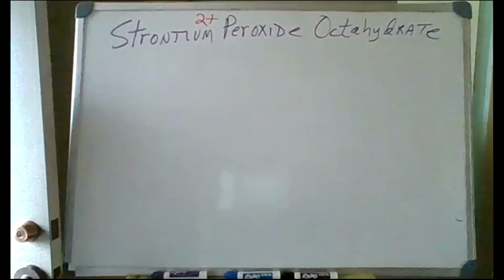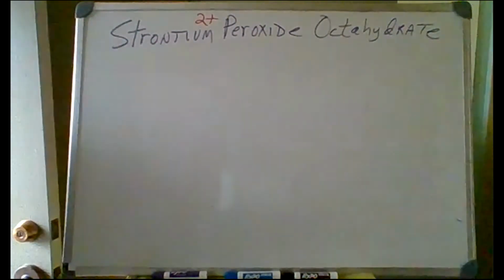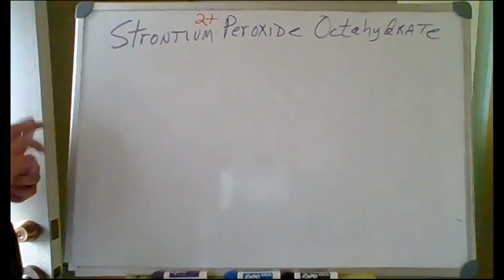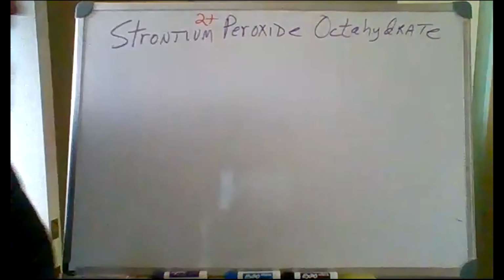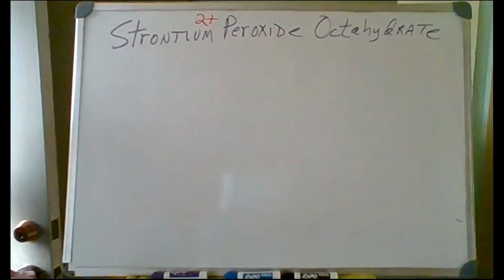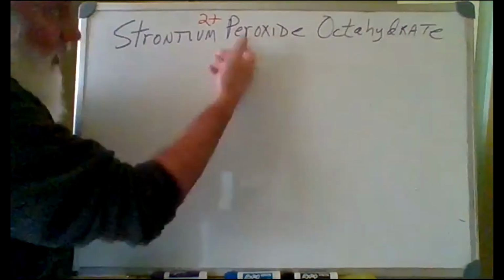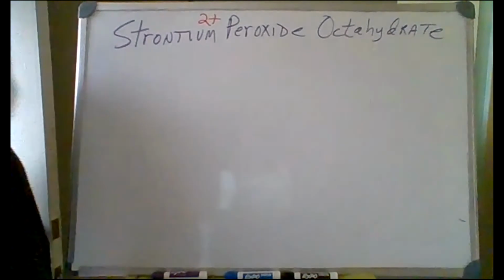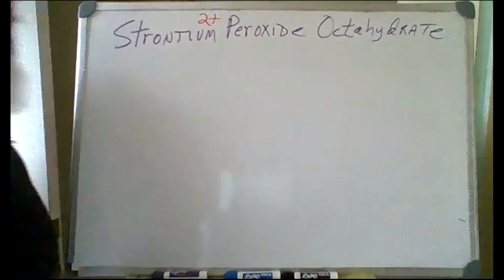And remember, we write the number first and then the sign. That lets us know that it's a charge. Now, here I have an anion that ends in ide. You might be tempted to look on the periodic table, but there's no element with a name resembling that. There is oxygen, but this is peroxide.